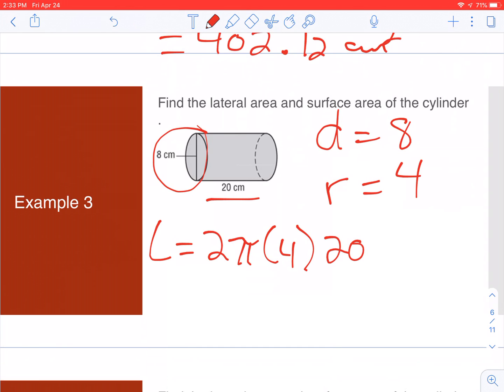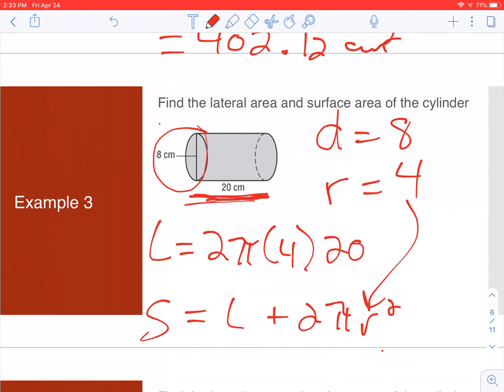Remember, the height is the distance between the two bases. And then my surface area will equal my lateral area plus 2 pi r squared. Plug in 4 for radius, calculate everything out, and I will solve.